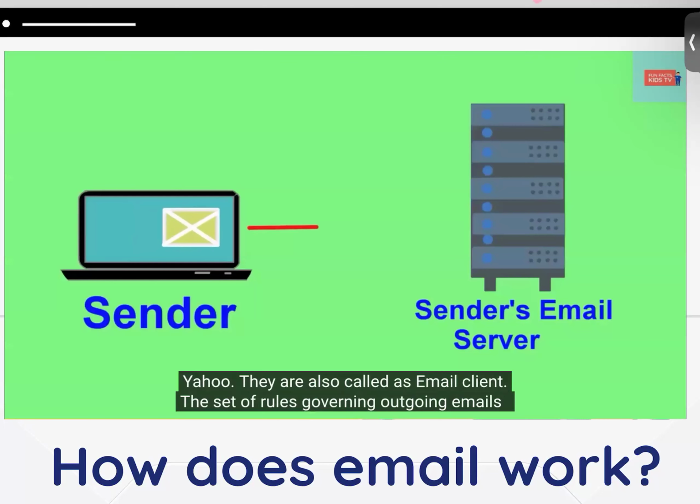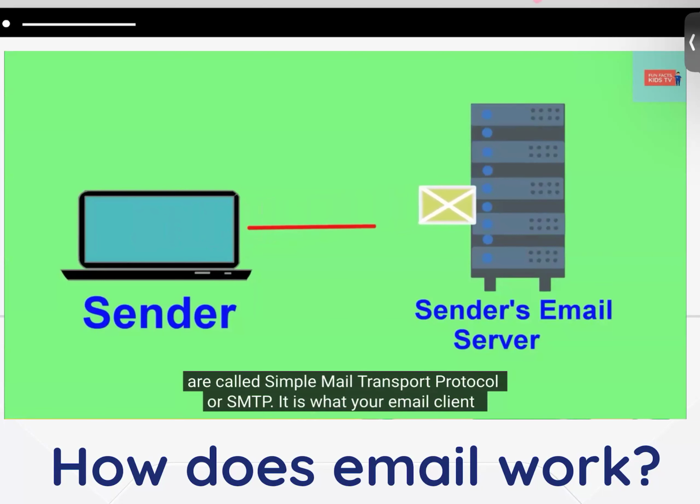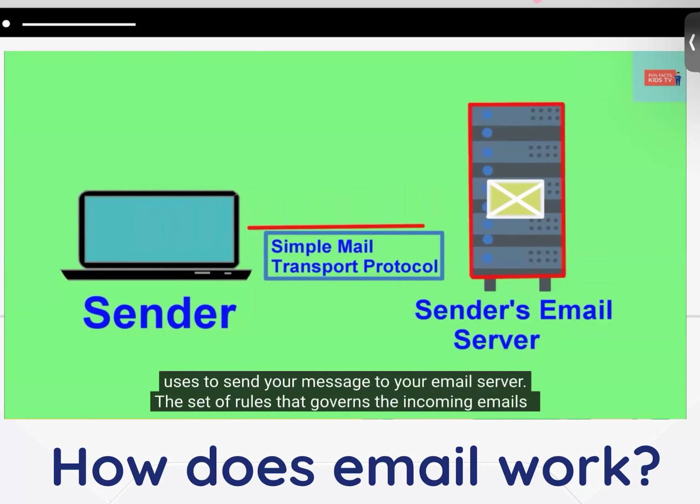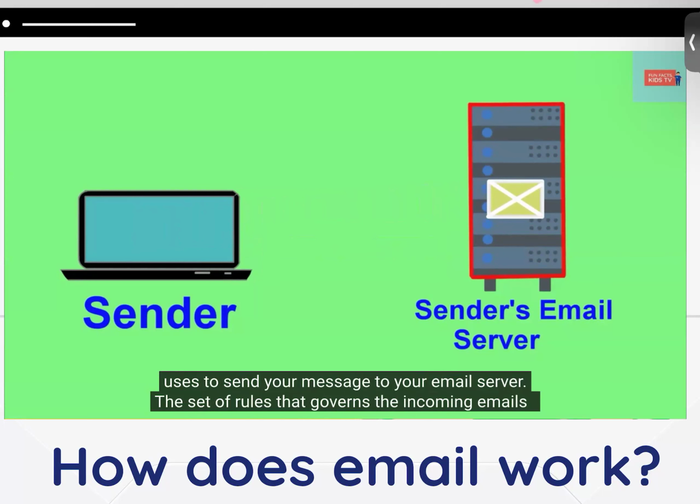The set of rules governing outgoing emails are called Simple Mail Transport Protocol or SMTP. It is what your email client uses to send your message to your email server.